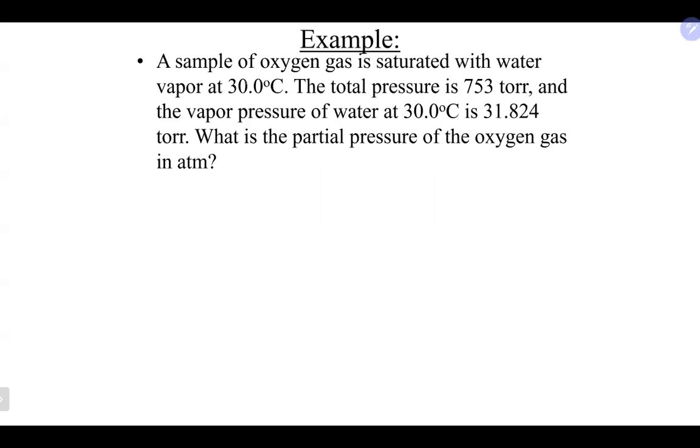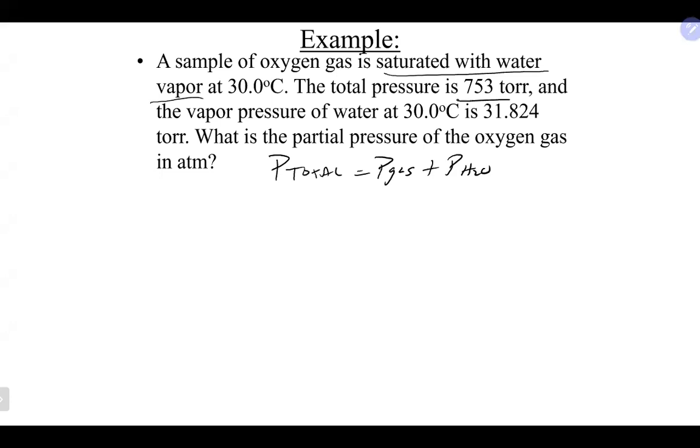So this would be a problem where this situation would occur. A sample of oxygen gas is saturated with water vapor. That's like a key in a textbook problem. It says something like saturated with water vapor, collected over water. Some mention of water tells you that you are in that situation we were just talking about, that the total pressure is the pressure of the gas plus the vapor pressure of water.